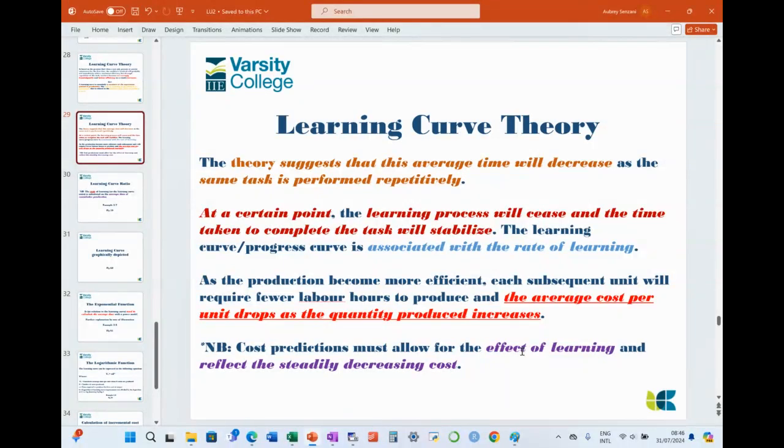Yeah. Okay. All right. Cost predictions must allow for the effect of learning and reflect the steady decrease in cost. So this is why we're actually learning the learning curve. Because basically what we are trying to look at, remember we're focused on costs in this learning unit specifically. So we're trying to say what would be better for us.